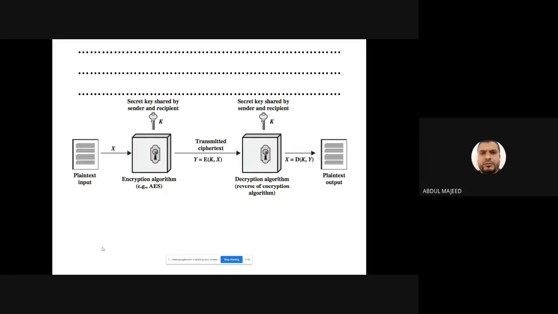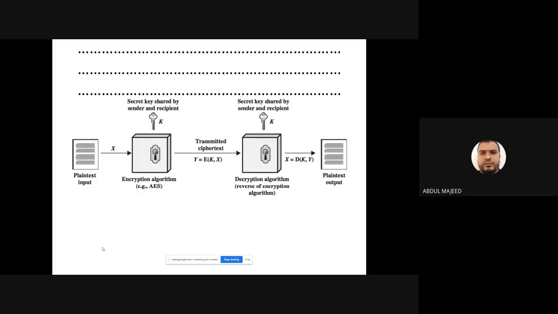On this pair of key and X we apply the encryption algorithm, capital E. So we are encrypting the plain text with the help of the key K, and finally it produces Y, which is nothing but the cipher text.